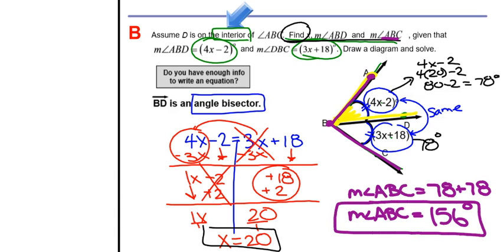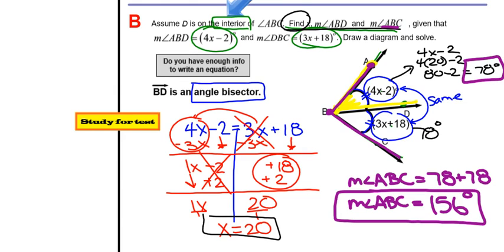So we have three answers here. x equals 20, ABD equals 78, and angle ABC equals 156 degrees. This for sure would be a kind of question that you would have to know for a test. So make sure that this is a question that you study for the test.